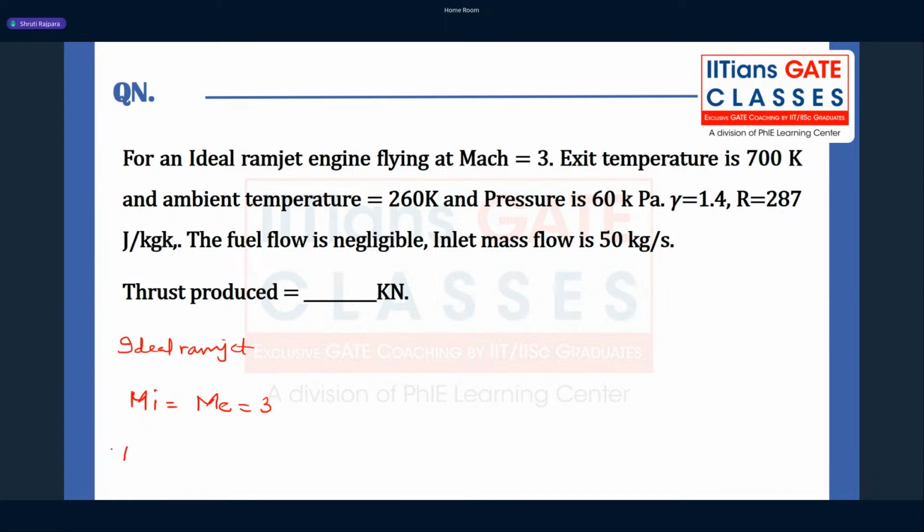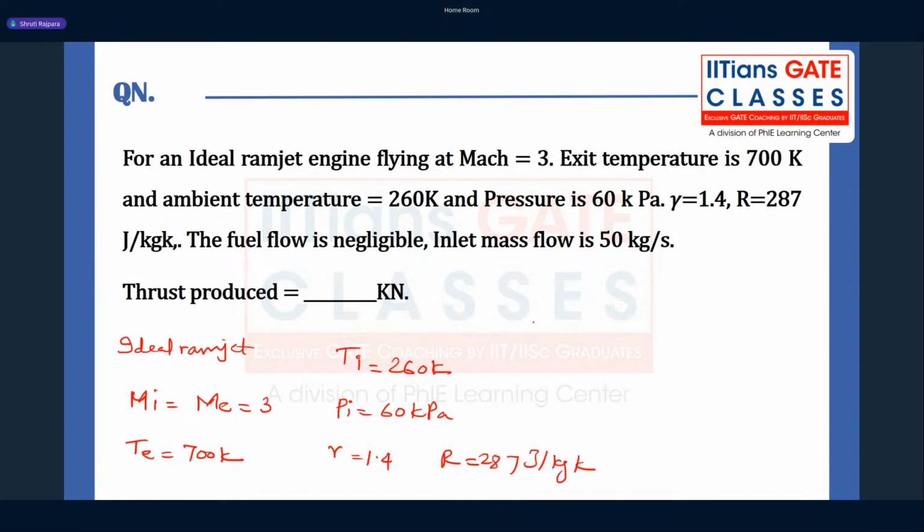They have given exit temperature as 700 Kelvin and ambient temperature or the inlet temperature as 260 Kelvin. The inlet pressure is given as 60 kilopascal. And gamma and R are no different for the exit as well as inlet. So we will consider it same.